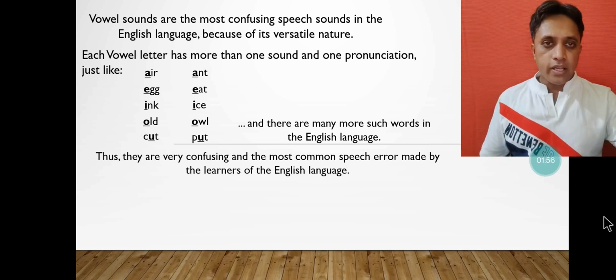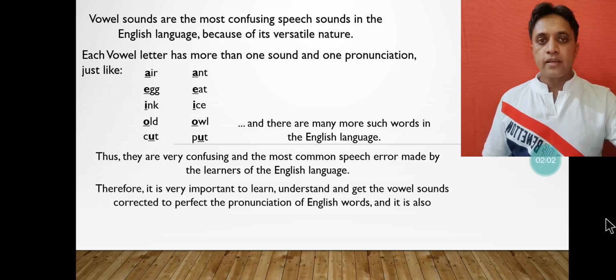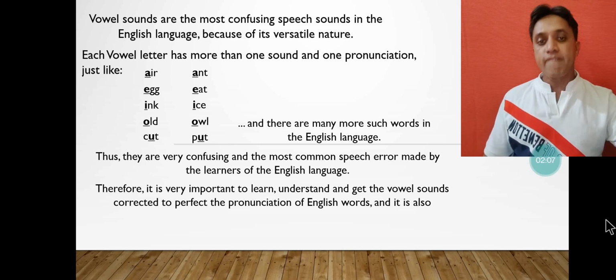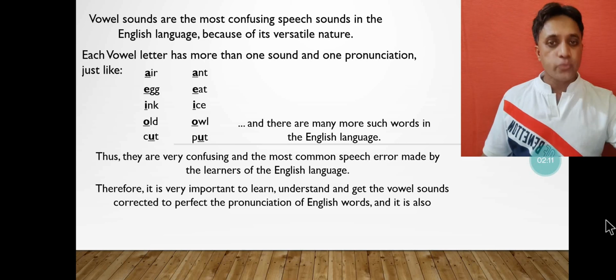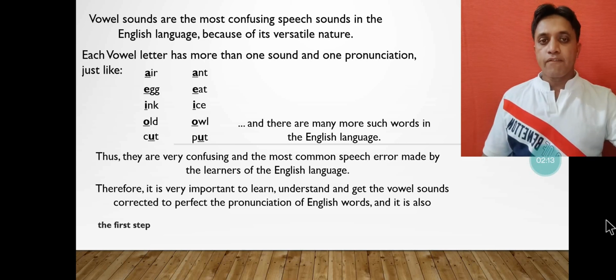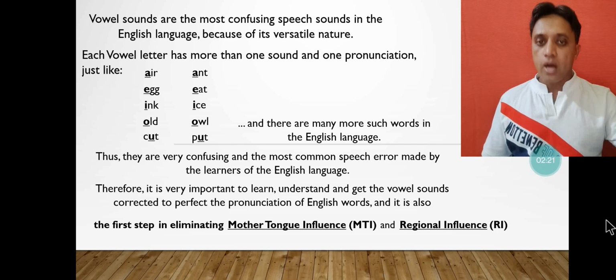Thus, they are very confusing and the most common speech error made by the learners of the English language. Therefore, it's very important to learn, understand, and get the vowel sounds corrected to perfect the pronunciation of English words. And it's also the first step in eliminating mother tongue influence, that is MTI, and regional influence, that is RI.